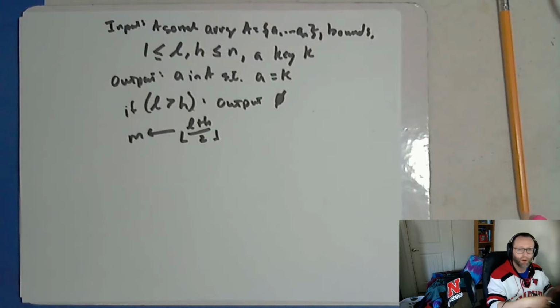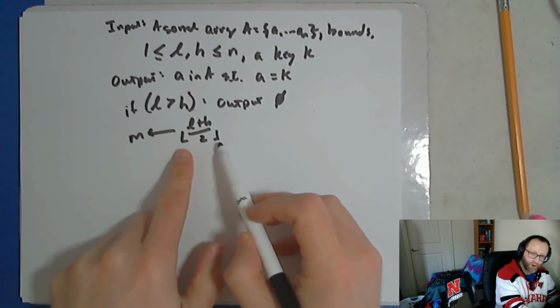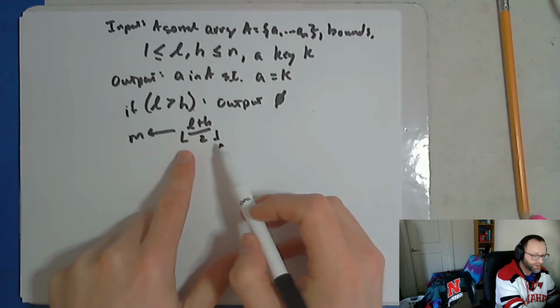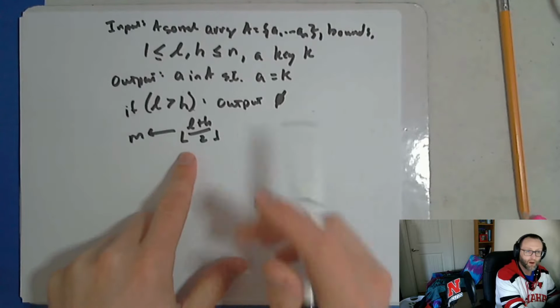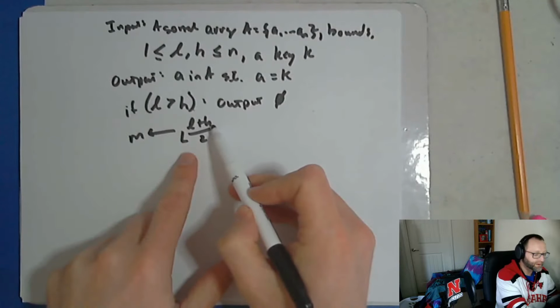So I'm going to take the floor here. This is pseudocode, by the way, and it's perfectly fine to do this. It's not perfectly fine to do this in real life, where this is susceptible to overflow. All right, if you've got a very large array, and this is say 2 billion, and this is 2 billion and plus 500.